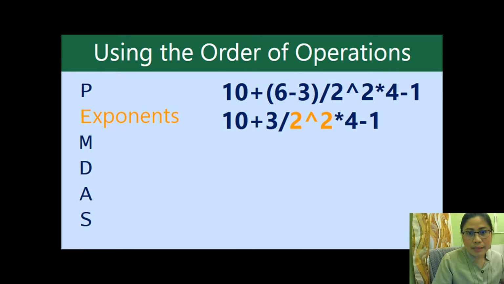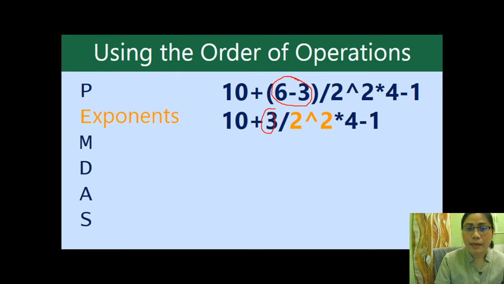So, 10 plus 3 divided by 2 exponent of 2 times 4 minus 1. So, ito po yung sagot nung kinuha natin dito sa loob ng operation sa loob ng parentheses. So, as you can see, the formula already looks simpler.